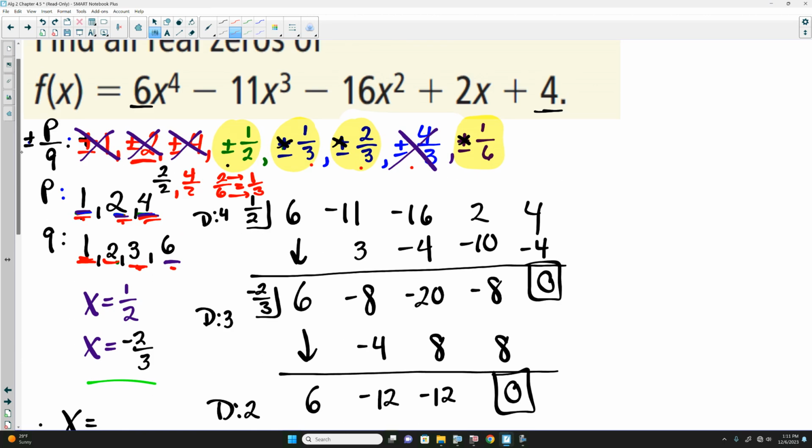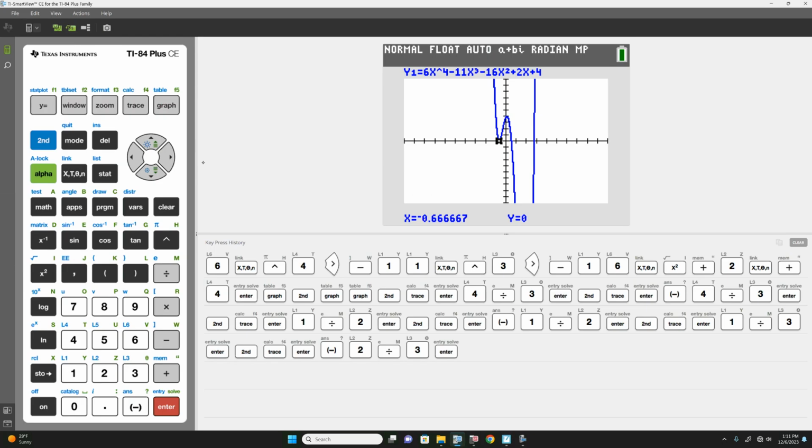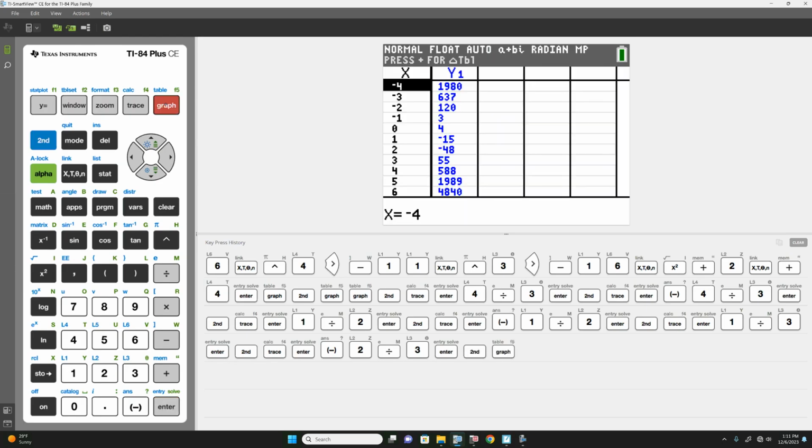Now, all of these here are the rational zeros. These are the possible rational fractional answers we could have for this polynomial function. We use the graph to determine which ones we could have. Which one of these values will make the y value be 0? Well, in the graph calculator over here, when we looked at the table, -4, -2, and -1 did not give us 0. 1, 2, and 4 also did not give us 0.